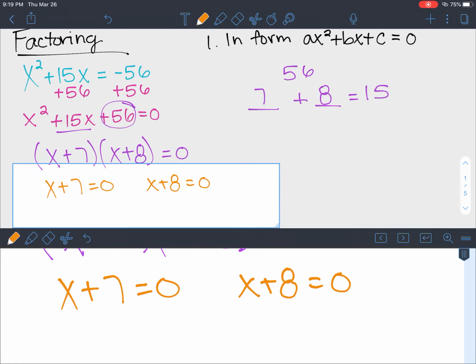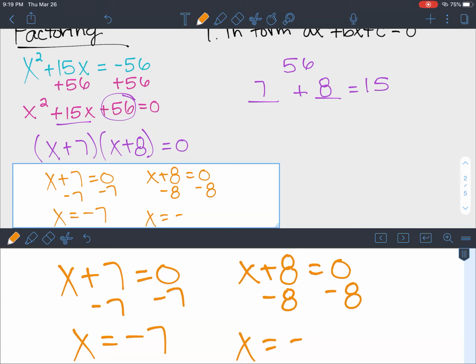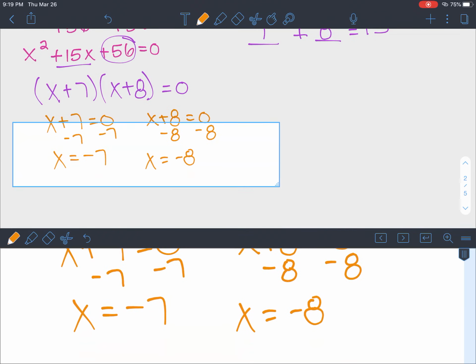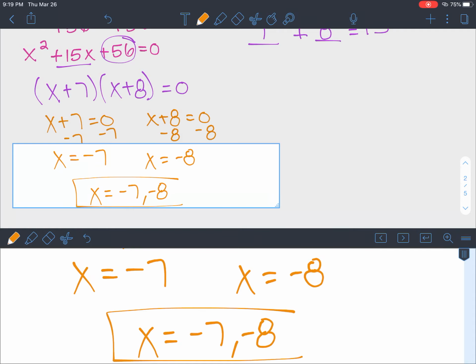And then we're going to keep solving. So we're going to subtract 7, and we get that x equals negative 7. And then we're going to subtract 8, so we get that x equals negative 8. So our two answers for this problem are x equals negative 7 and negative 8.